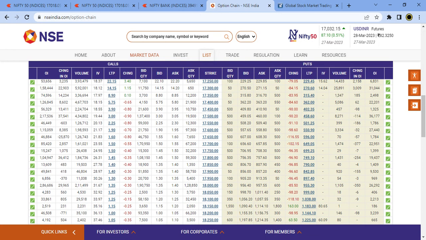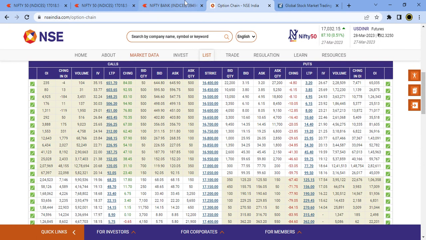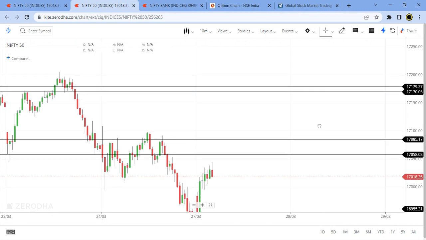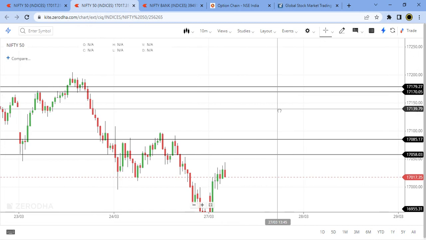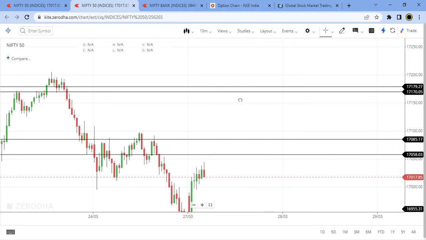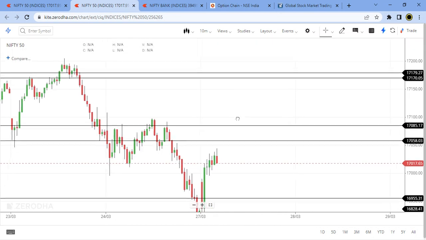And at 18,000, only call options have been written aggressively. If we cross the 17,000 level, we may see a slight upward movement in this direction, but that won't happen soon. So we have to wait for our institutional buyers or the momentum to come.